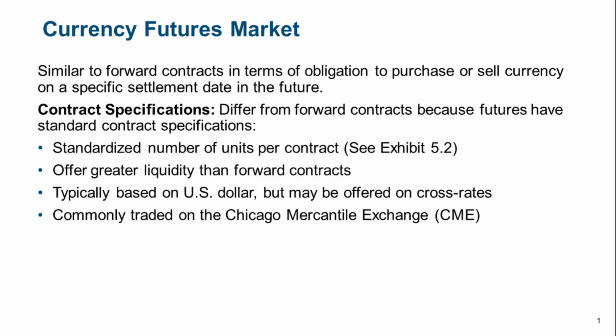This standardization makes them more liquid and easier to trade. Most currency futures are based on the US dollar, although cross-rate futures are also available. In the United States, the Chicago Mercantile Exchange, or CME, is a major trading venue.